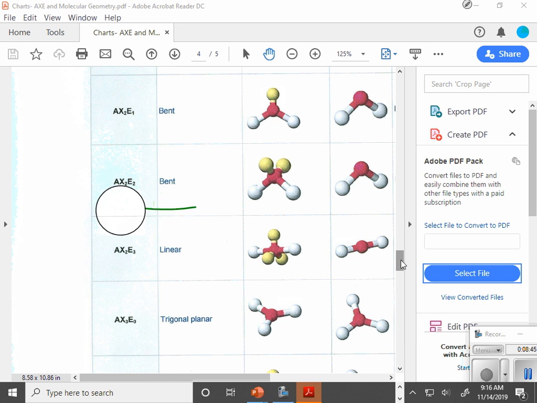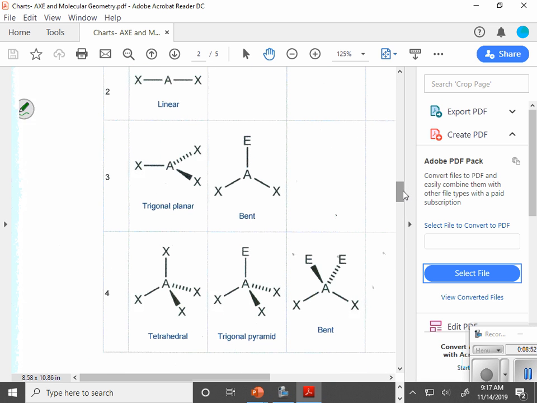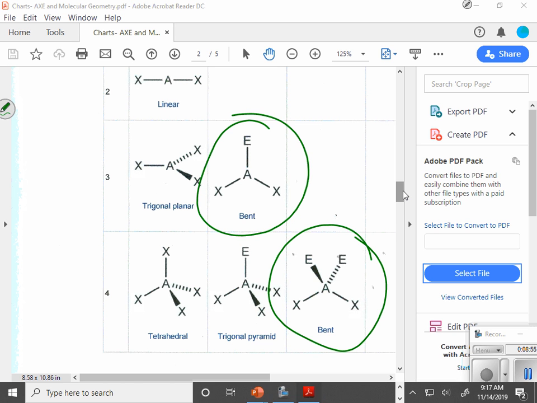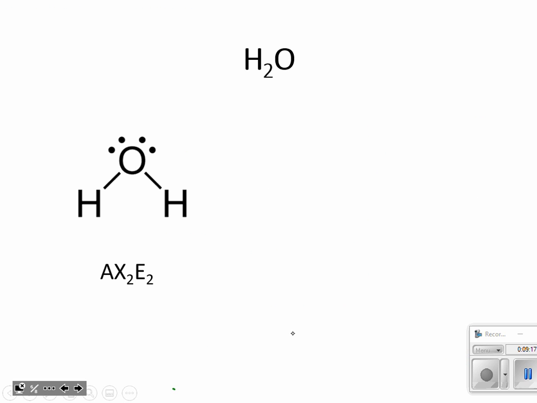So as I get this stuff off of there and I come back, here's a bent and here's a bent. Which one of those do I want to use? I want to use the one that has two unshared pairs, correct? So I am going to use that one right there. So as I go back to my PowerPoint show, I've got a Fisher projection to make.